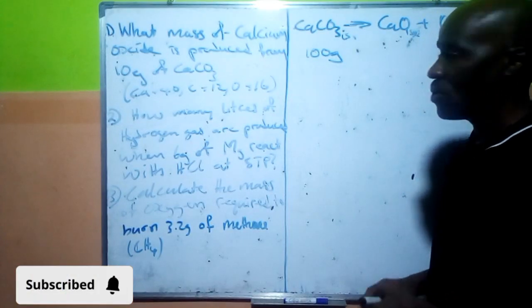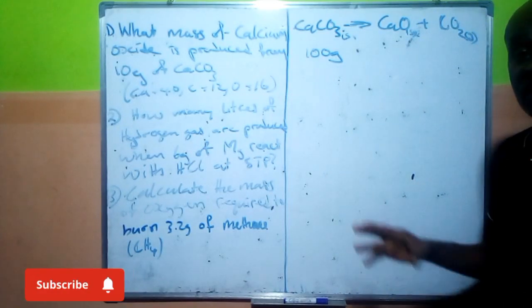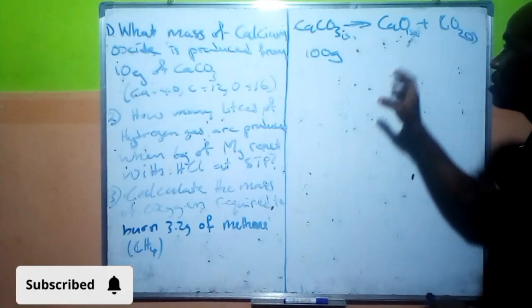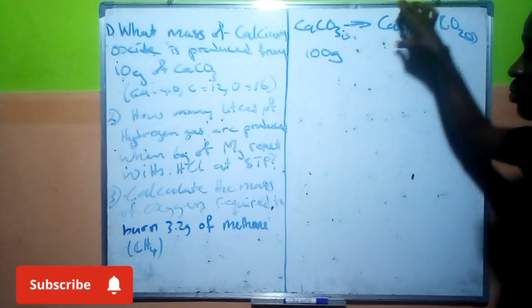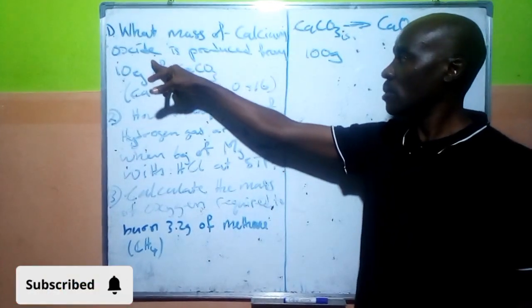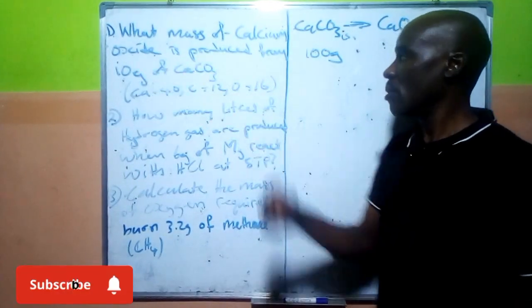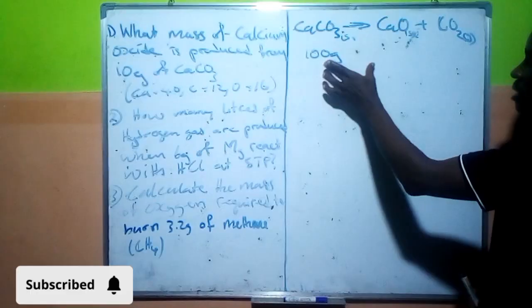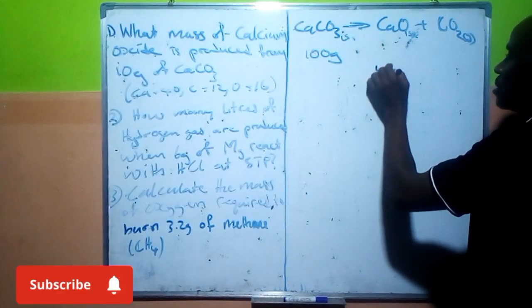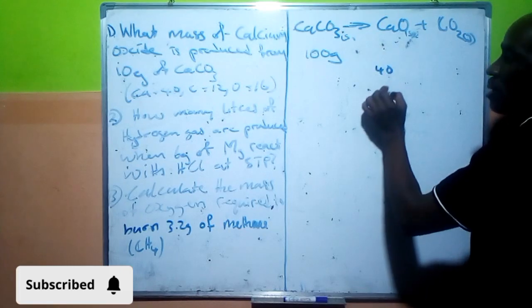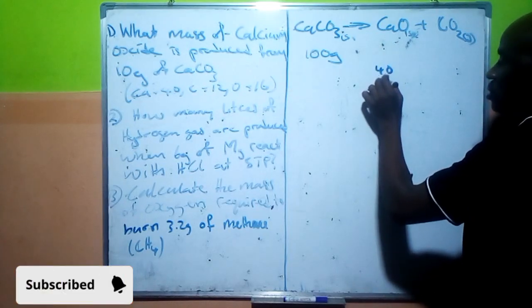So now I'm still looking at the balanced chemical equation. Here we have calcium oxide, the one we want to know the mass that will be produced. Calcium is 40, oxygen is 16.